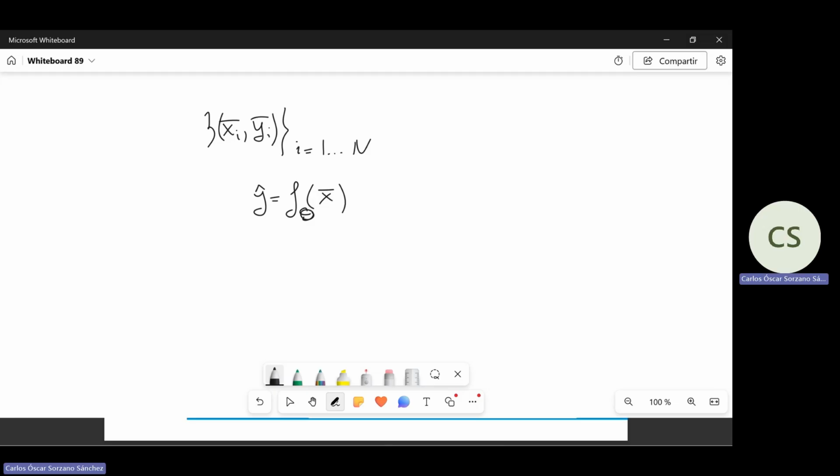And I can minimize the distance between the observations, one over n, of y minus N of theta, x, squared. So these are two matrices that collect all this information.